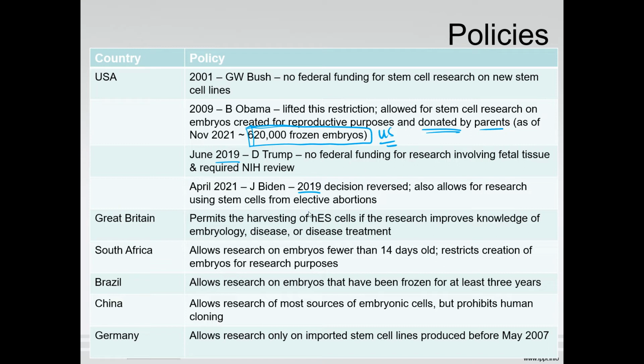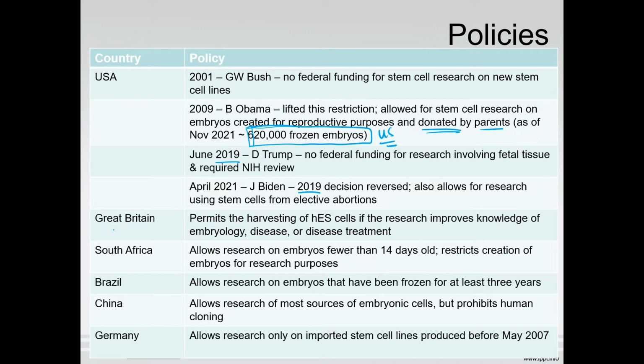And then this 2021 decision also allowed for the use of stem cells that were donated by people who had elective abortions. We could use those stem cells in research. So lots of changes here in the United States over time. And depending on your personal ethics involving stem cell research, consider how you vote so that you can support those ethics that you hold.